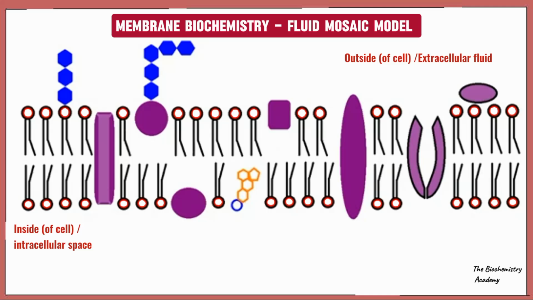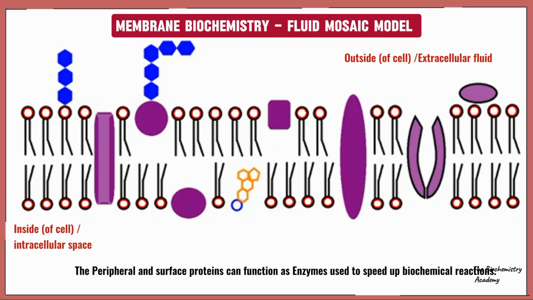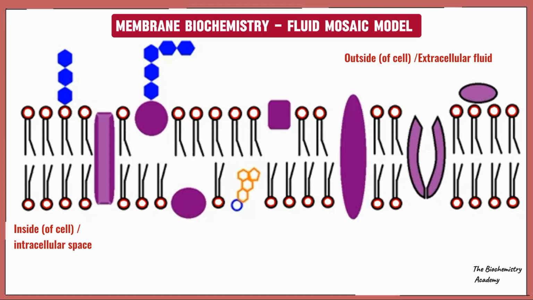Then let us talk about the surface and the peripheral proteins. Now, they could function as enzyme, which is used to speed up biochemical reaction inside the cell. A protein attached to a sugar chain is called a glycoprotein, like the one in our diagram.